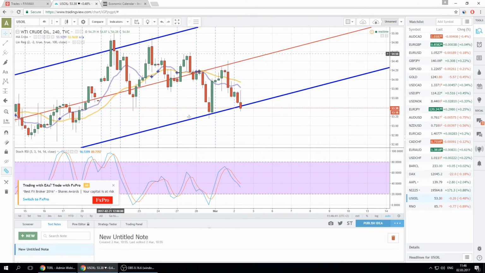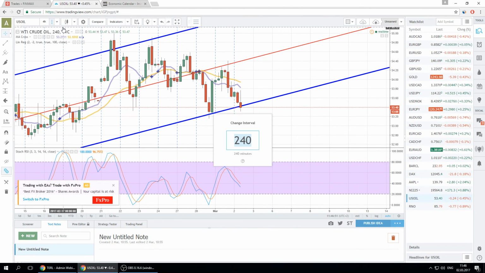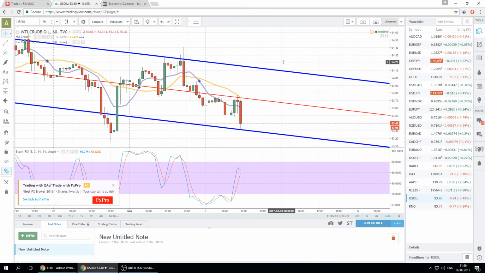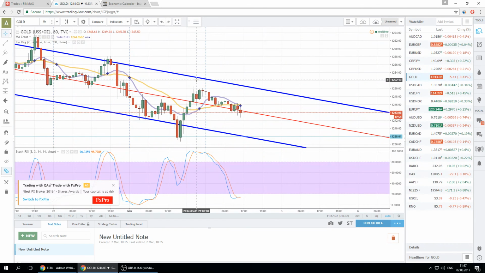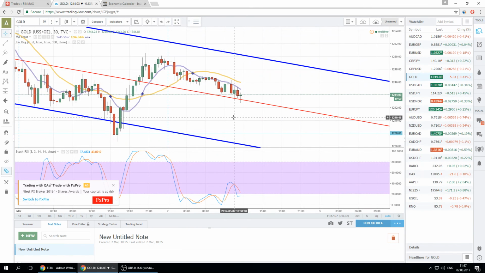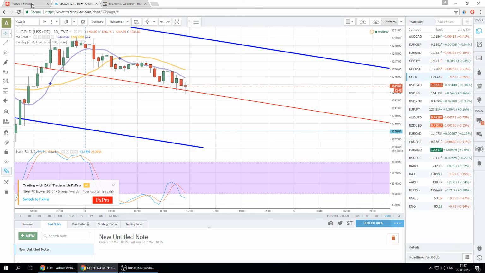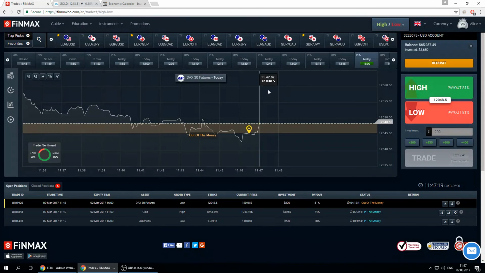Let's see the situation on gold, oil. I'm sorry. Well, not that clear also. It has reached this range, so we need to wait for the next candle to be formed. Well, finally gold shows some positive movement. Sometimes it even enters that range.